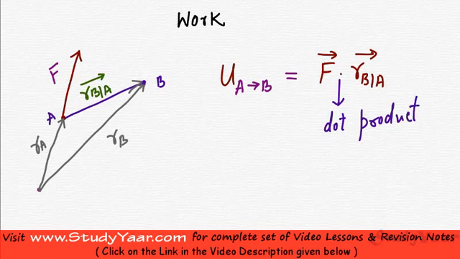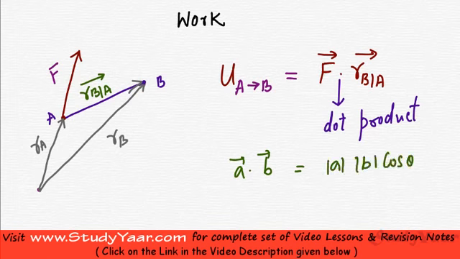So we know that A dot B is equal to AB cos theta, right?